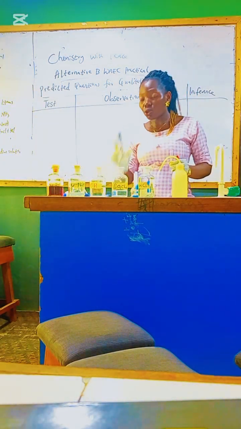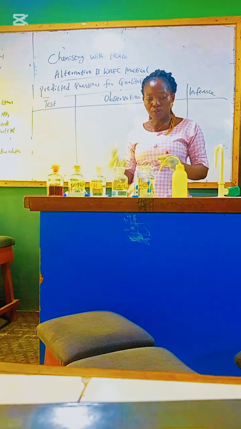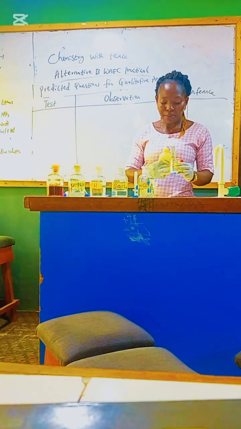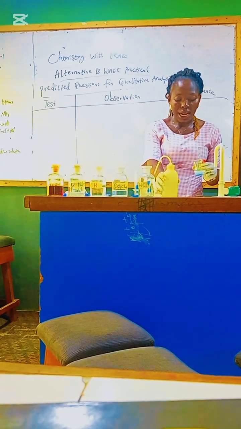But I would prefer to use this in place of a test tube so that I will be able to turn it very well. So here is my sample, and here is my distilled water added to it.